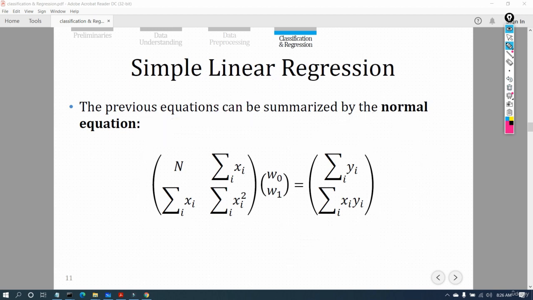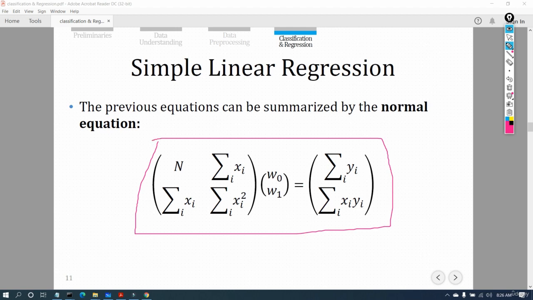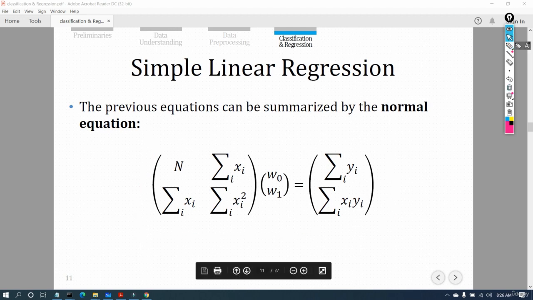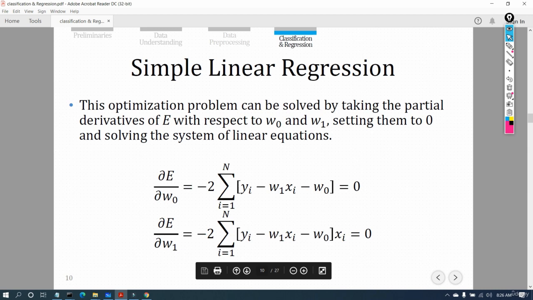Now you can clearly see these two equations we got from nowhere, but with the partial derivative of these two points. And the goal of these two equations is to find the lowest error.